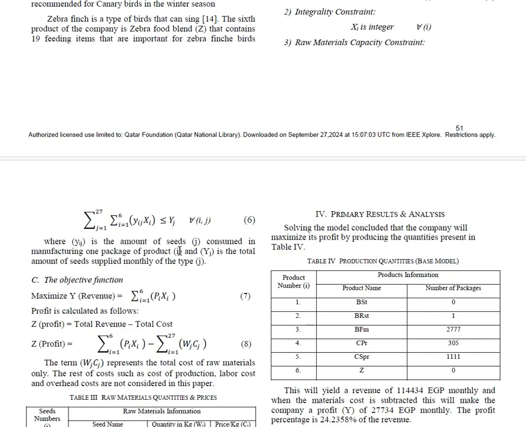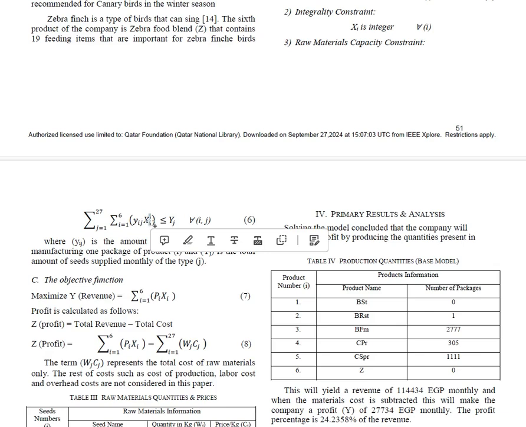So this is the amount we say Yij. So first product, first raw material, then this is Y11, the amount needed for the first raw material, and so on. This is multiplied by the quantity that I'm producing of this product.